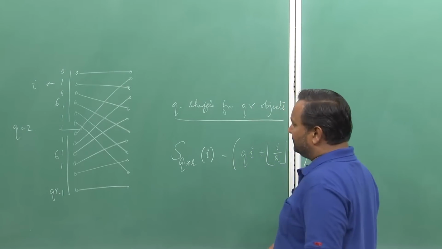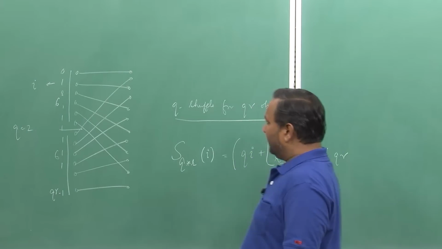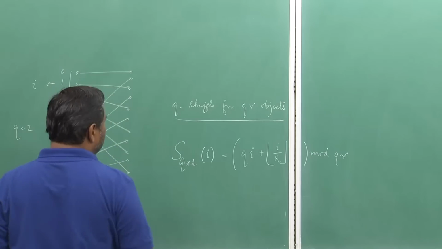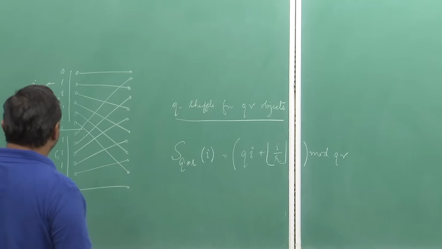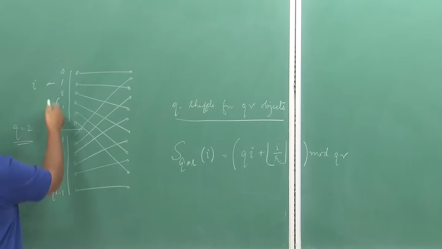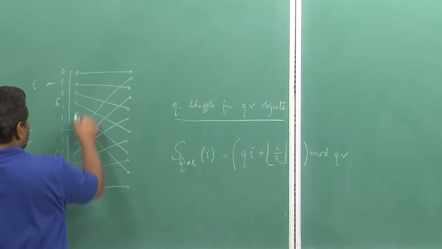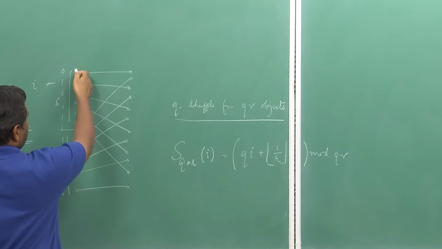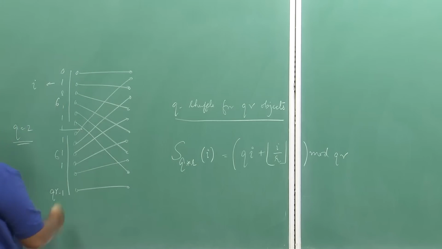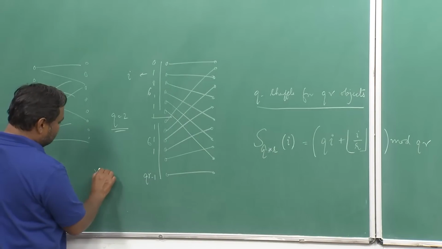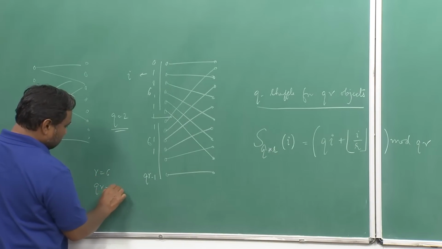Let us see what happens in this case. Here Q is equal to 2, there are total 12 objects, so I have to count from 0 to 11 for the index entries. QR is 12 and R is 6.